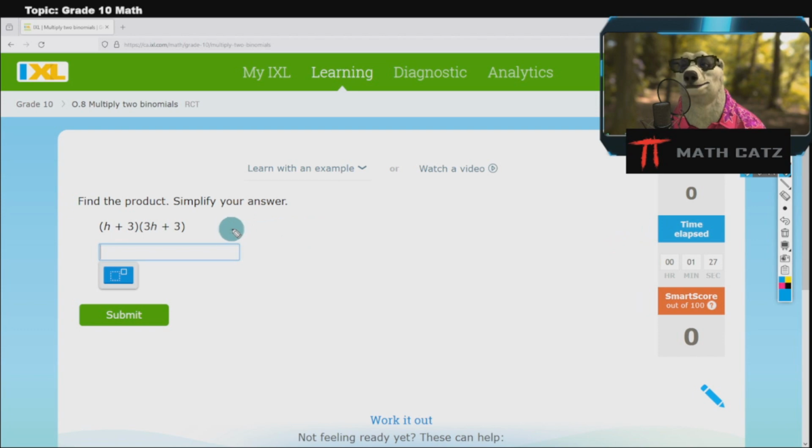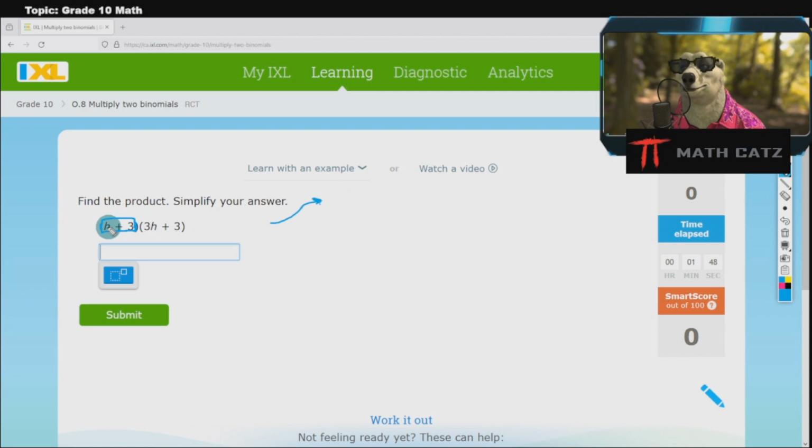So I'm going to just look at this h plus 3 as one thing for now. And again, I'm not going to do this necessarily every time, though you totally could. It's just a little more writing, but it helps me to understand why the thing looks the way it does at the end.